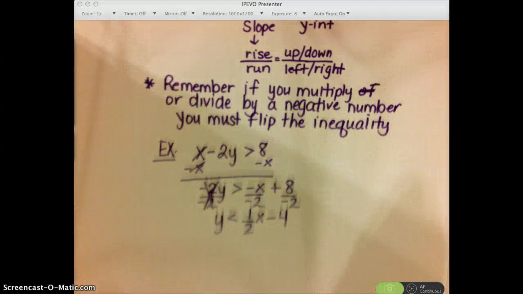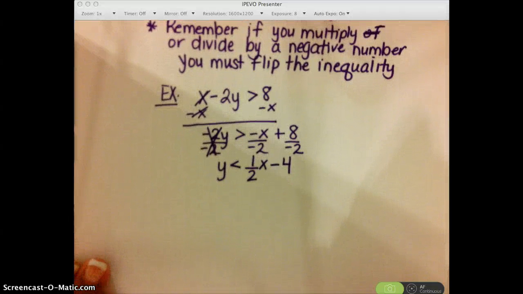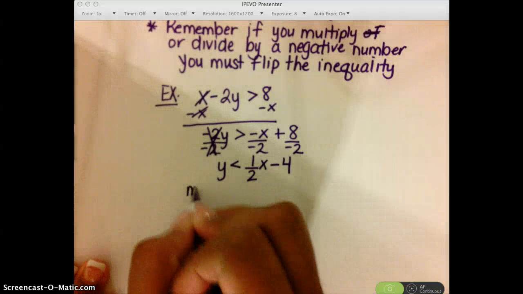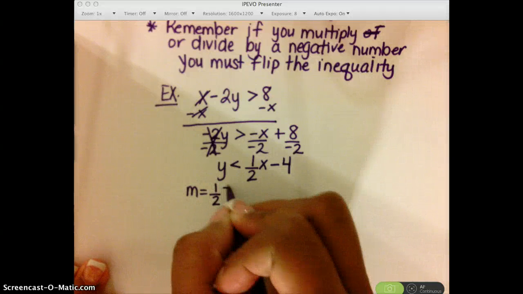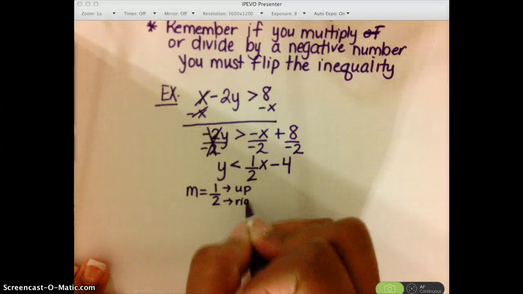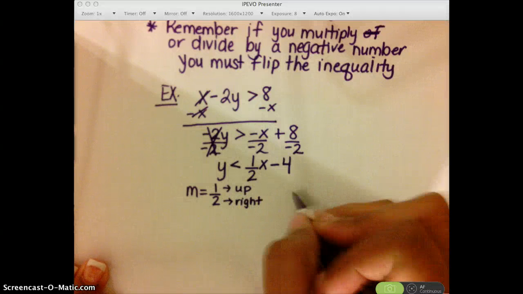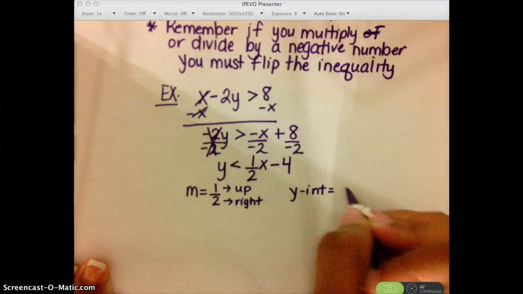So that's your slope-intercept form. Now, from this form, we know that our slope, m, is 1/2, and that means that we're going to go up 1 and right 2. Your y-intercept is negative 4.